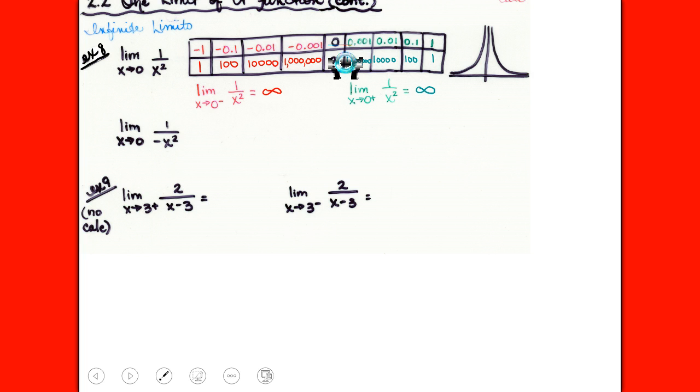It honestly doesn't matter if I get, say, positive infinity here and negative infinity here, because the limit already doesn't exist, so it's not like the limit from the left has to equal the limit from the right. If you look at a graph, the graph would also be another way that we could see that infinite limit. If I'm approaching 0 from the left-hand side, you can see those y values shoot off to infinity. Or if I'm approaching 0 from the right-hand side, you can see those values shoot off to infinity.